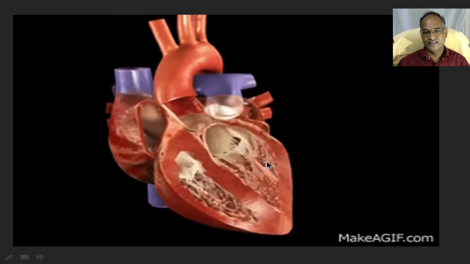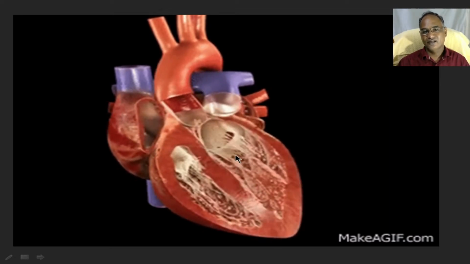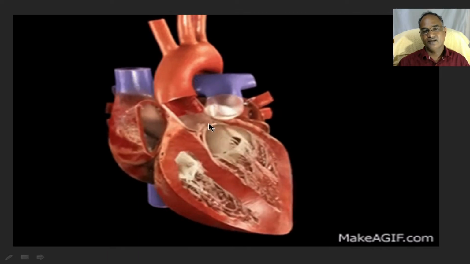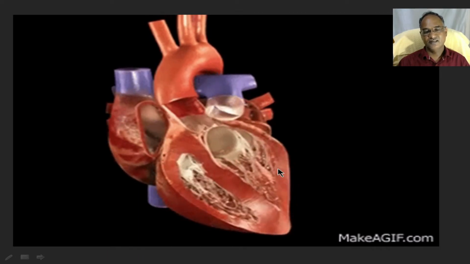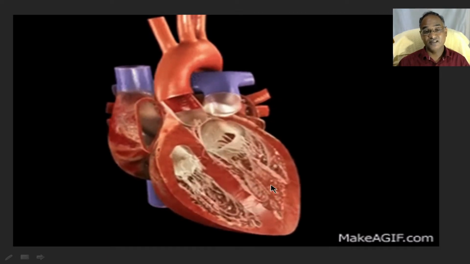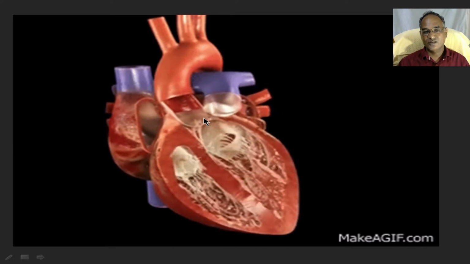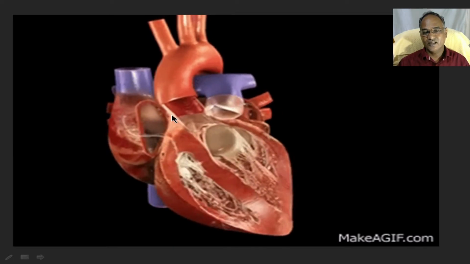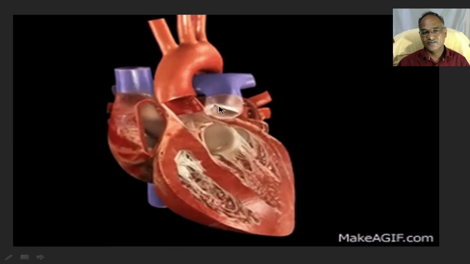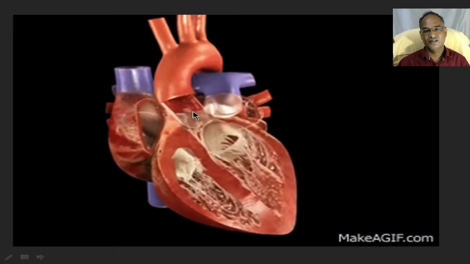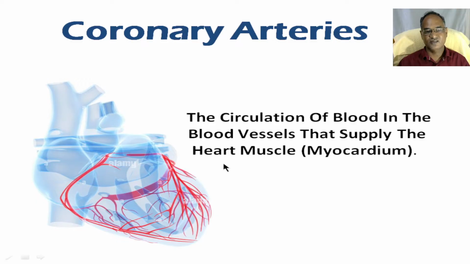The left side covers the left ventricle especially, and the right atrium. These are very important, where the aortic valve is closed, and immediately there is a right side branch and a left side branch. We call these the coronary arteries and coronary circulation.